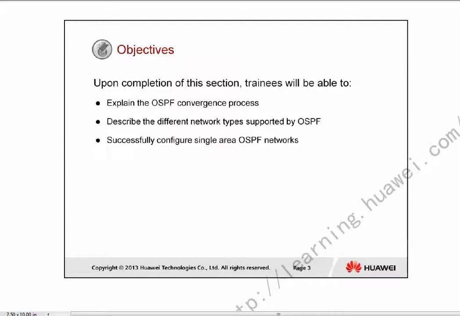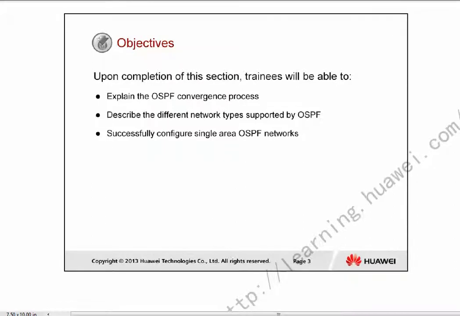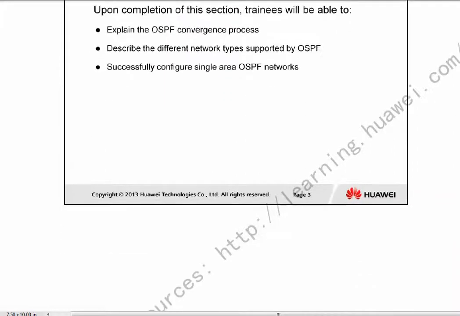It uses areas to manage the scope of router communication, and it can provide a rich route metric. We know RIP only has the hop count as the metric, but OSPF can take into account things such as bandwidth and delay.